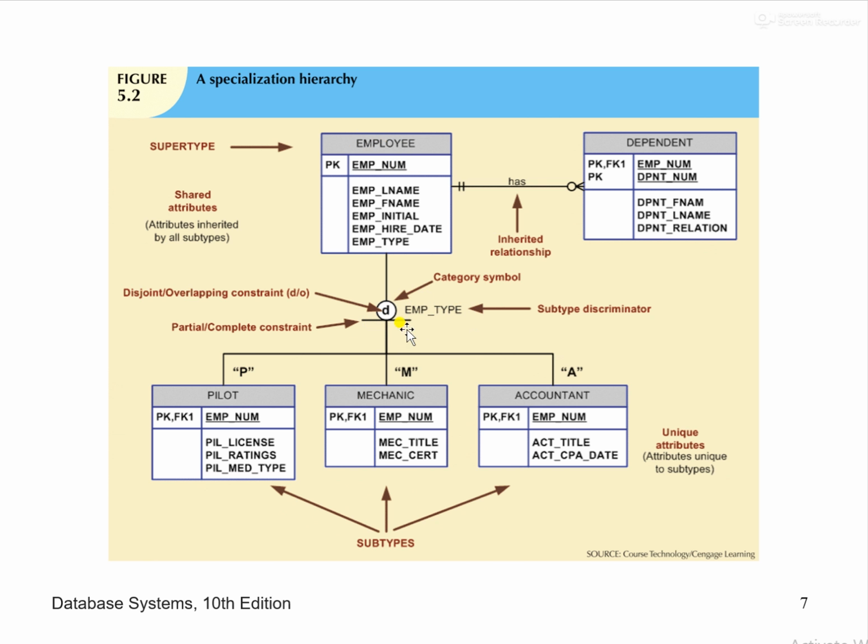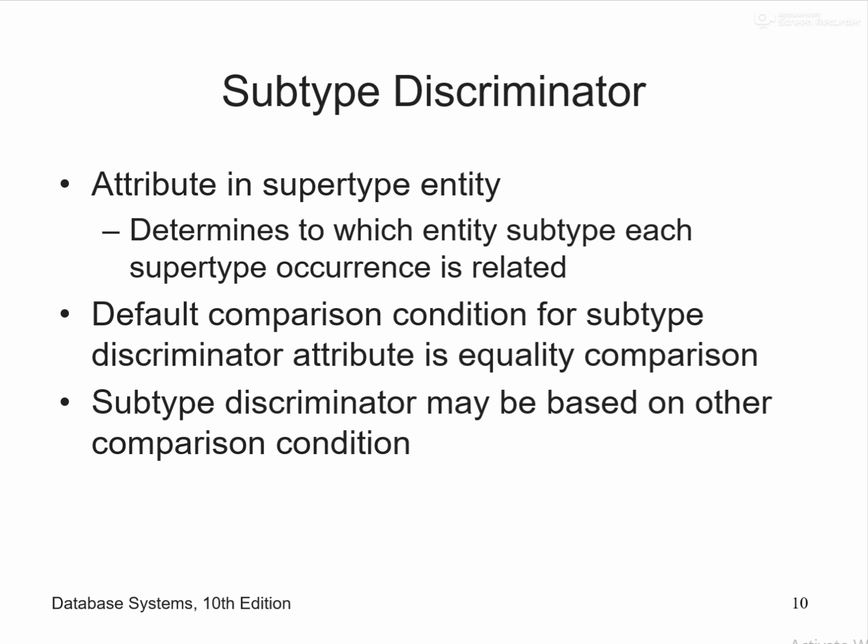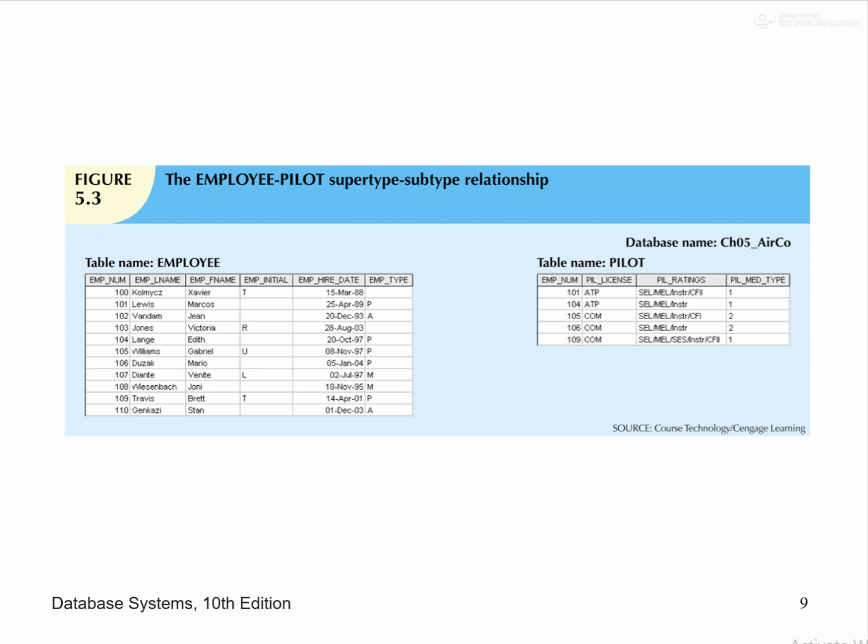From this attribute, employee type, we can find out which type of employee it is, pilot or mechanic or accountant. And we have added it over here in this table as well. If you see, employee type: P means pilot, A means accountant, M means mechanic.